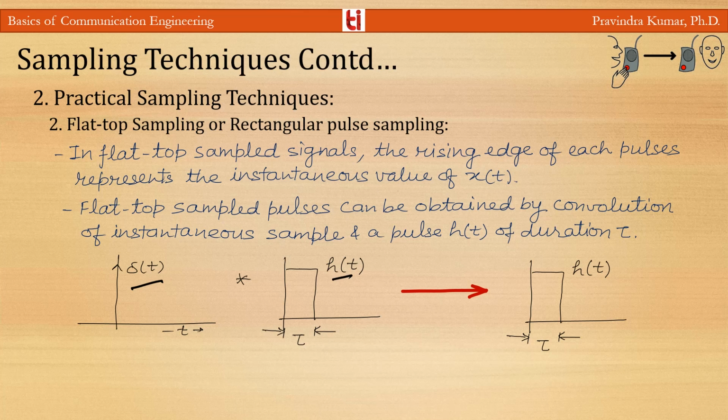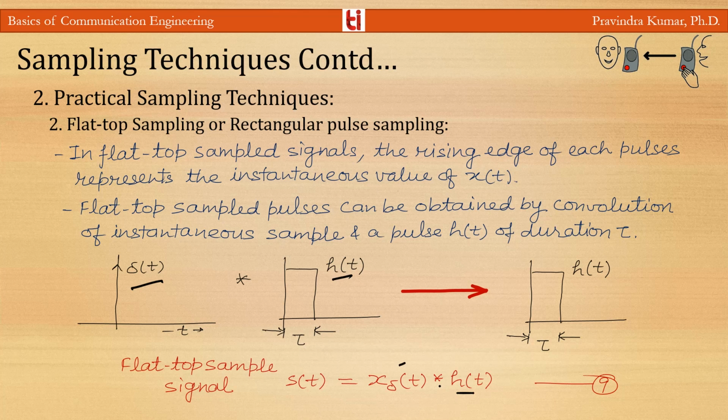So the flat top sampled signal s(t) can be represented as x_delta(t) convolved with h(t), where x_delta(t) is known as the ideally sampled signal, which we have already discussed in the previous lecture. So the flat top sampled pulses are obtained by convolution of the ideally sampled signal x_delta(t) and the pulse of finite duration h(t) of duration tau.